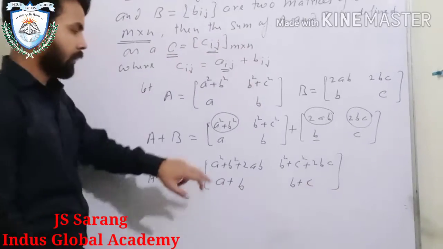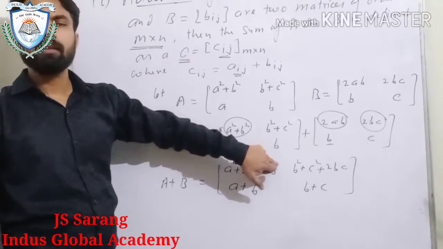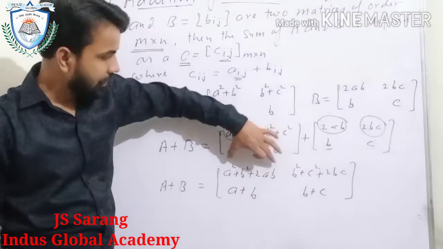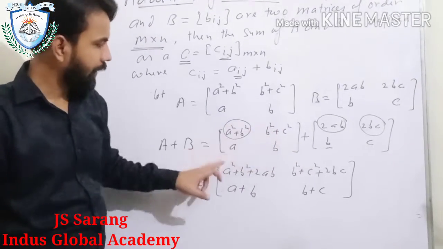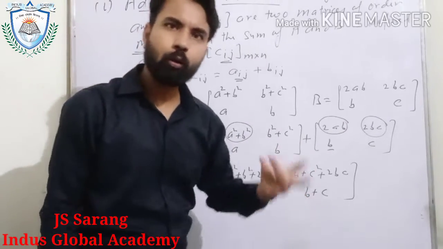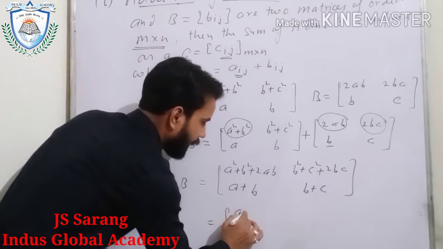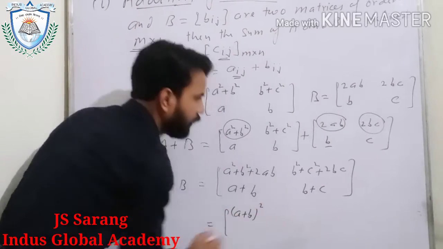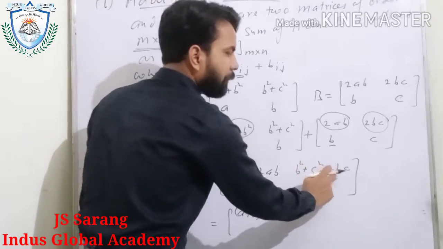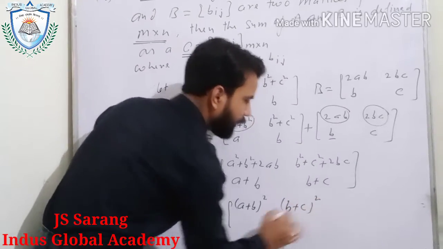Now see, A square plus B square plus 2AB. What is it? It is an identity. A square plus B square plus 2AB can be written as A plus B whole square. And B square plus C square plus 2BC is the identity of B plus C whole square.